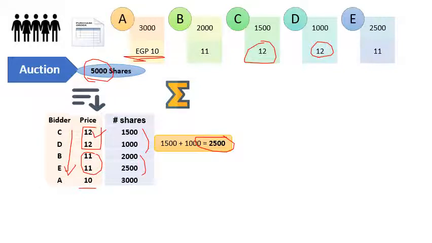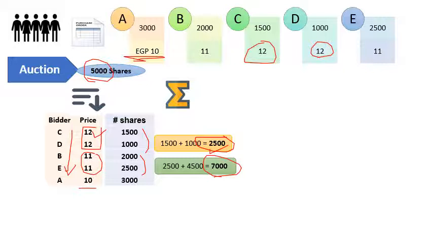But if it decreased the price from 12 to 11, it could sell 2,500 shares, which were requested already at a higher price, and 4,500 shares, which were already requested at the price level of 11 Egyptian pounds. So if the bank decreased the price from 12 to 11, it could sell 7,000 shares. But the company wants to sell only 5,000 shares.